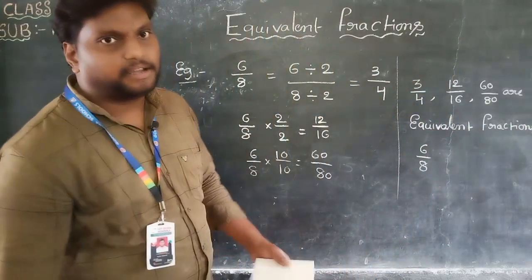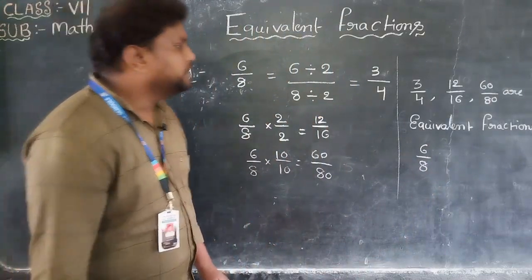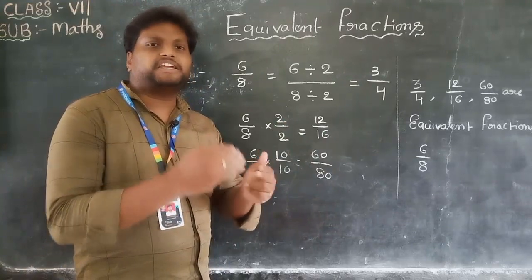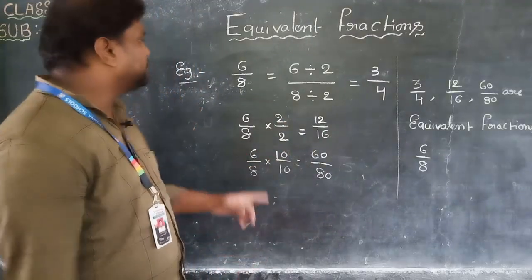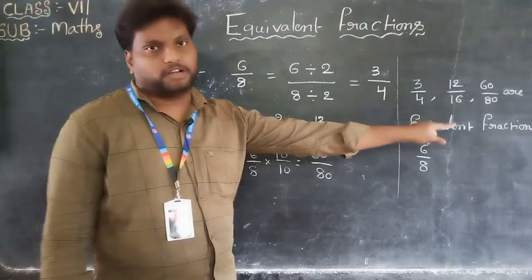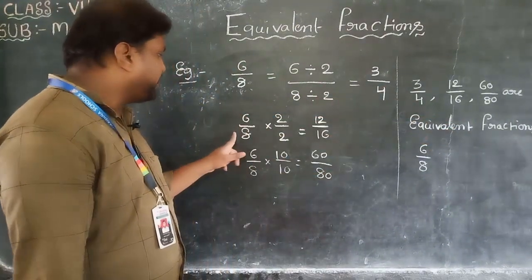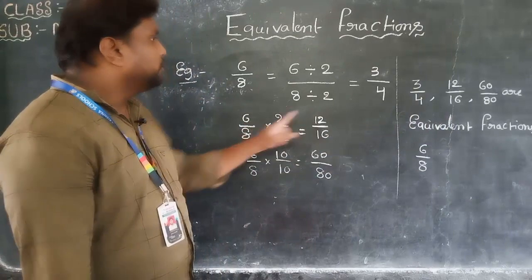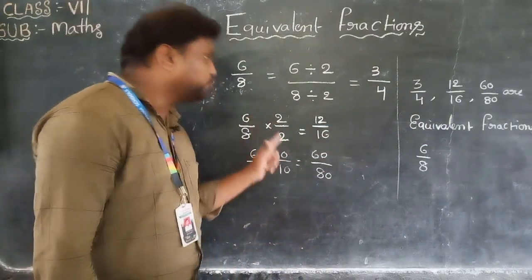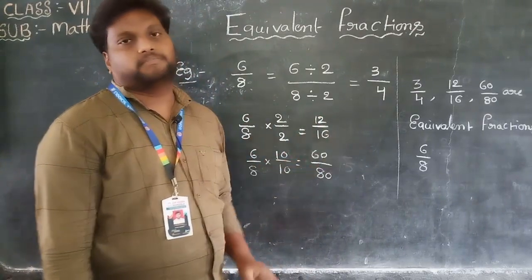Equivalent fractions means you do any operation to change one form to another form. For example, 6 by 8 multiplied by 10, 60 by 80 will come. 6 by 8 divided by 2, 3 by 4 will come. 6 by 8 multiplied by 2, 12 by 16 will come.